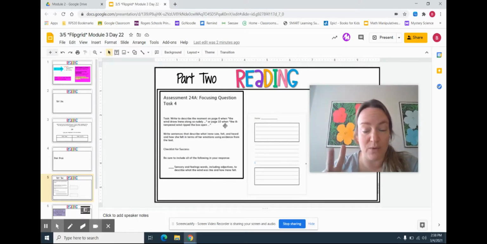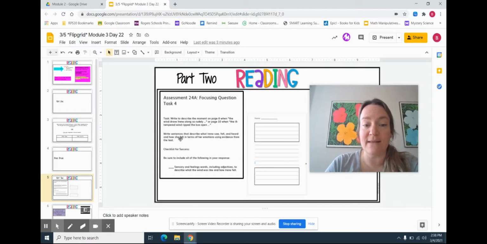So you choose one of those two scenes. Then it says, write sentences, write. That's the key word. You're going to write it down, not just insert another picture of your organizer from yesterday, but you're actually going to write it down in complete sentences, okay?